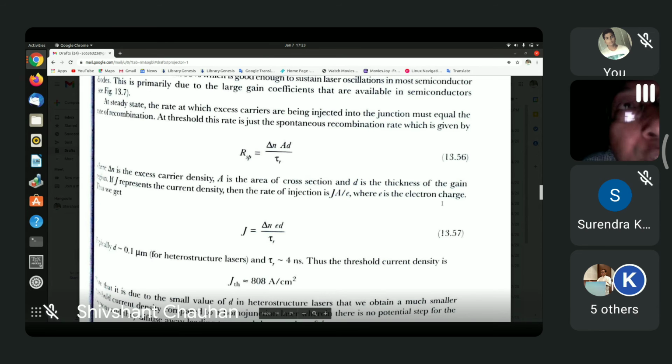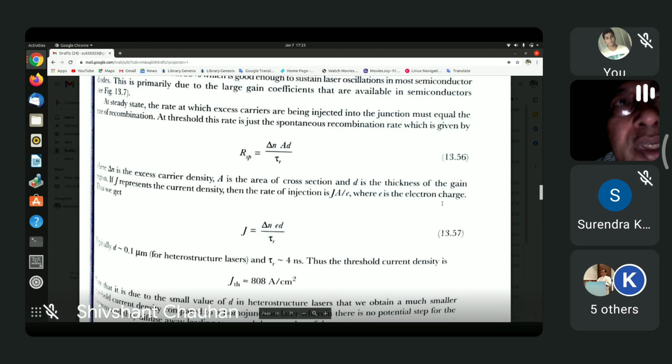So this is the threshold value, which means that at this value, the number of carriers that arrive newly within the structure equals the number of carriers lost via spontaneous transitions. If you pass a current which is larger than this, then you can have more recombinations and stimulated emissions.